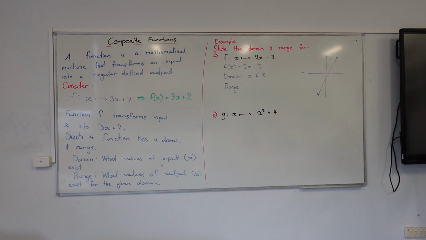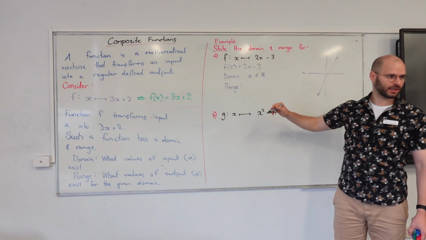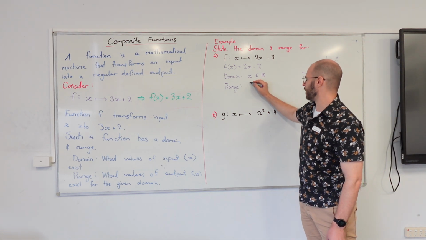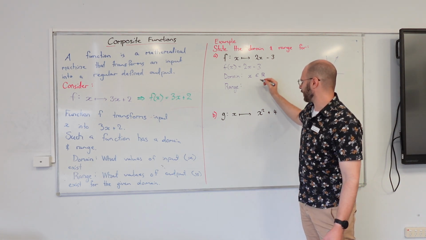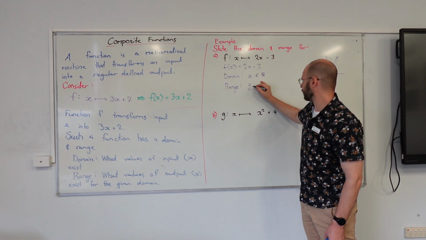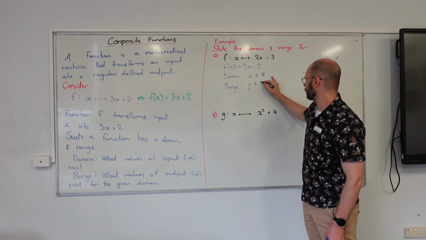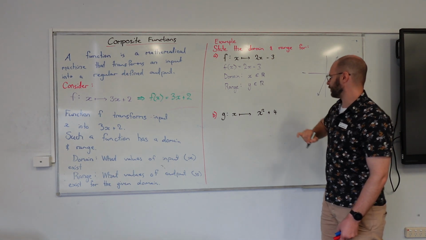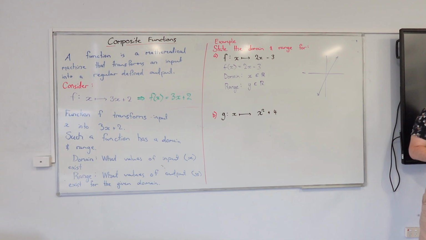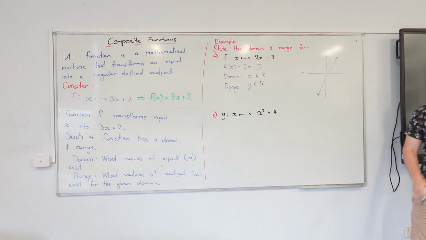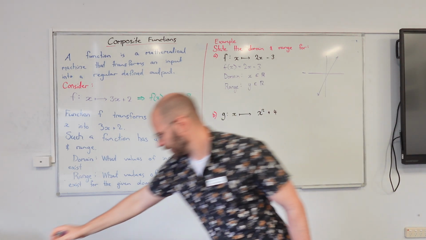Are there any values we won't see? So what values are we going to get out? So what's our range? Any real number. So we'll say that our range is going to be any real number. Is that cool for now? Alright, awesome. Next one.